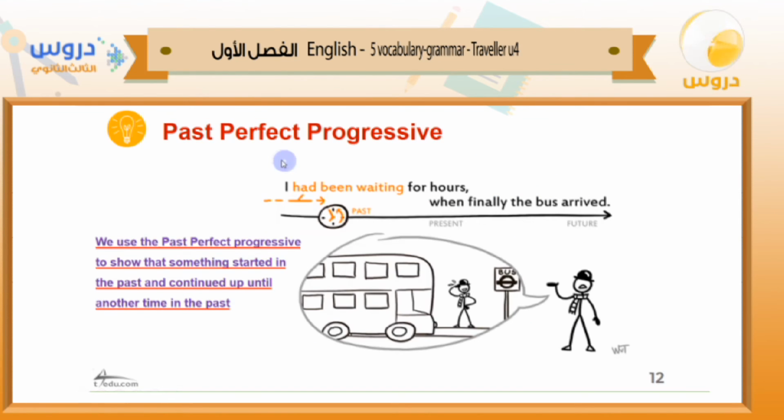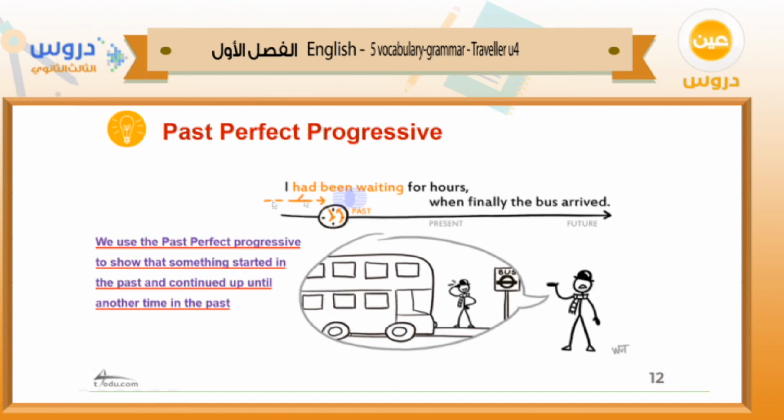In the past perfect progressive, there's a difference with the past perfect simple, and we use the past perfect progressive to show that something started in the past and continued up until another time in the past as well.